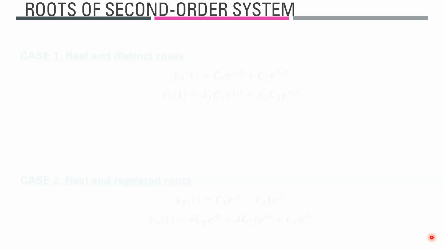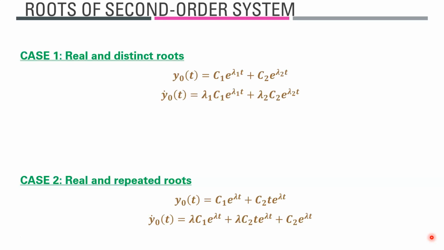So I will show you in this video the different roots that you will get and the general solution of the zero input response for each case. For case number one, when you find the roots of the characteristic equation, lambda, you can find real and distinct roots.